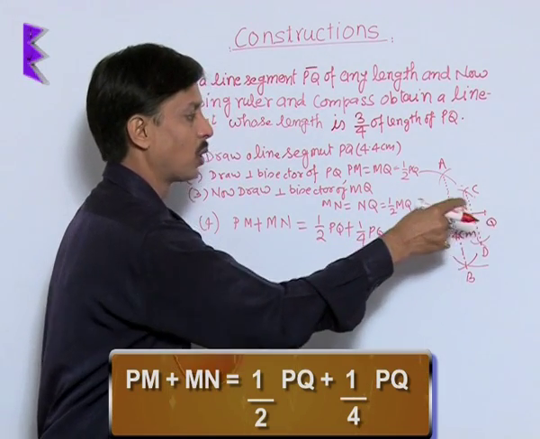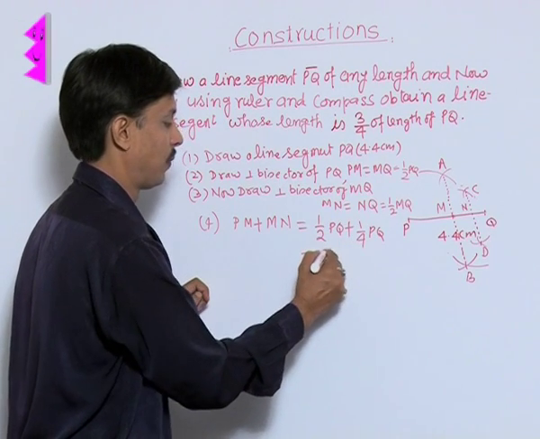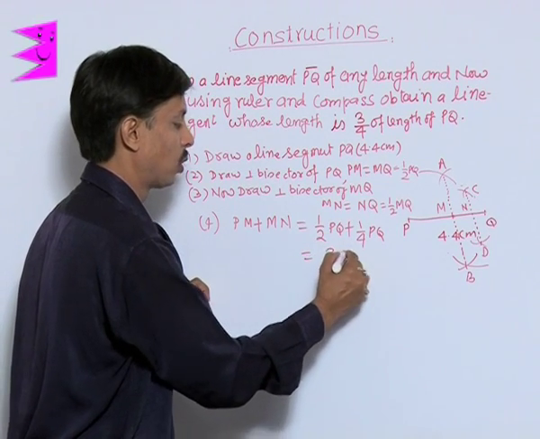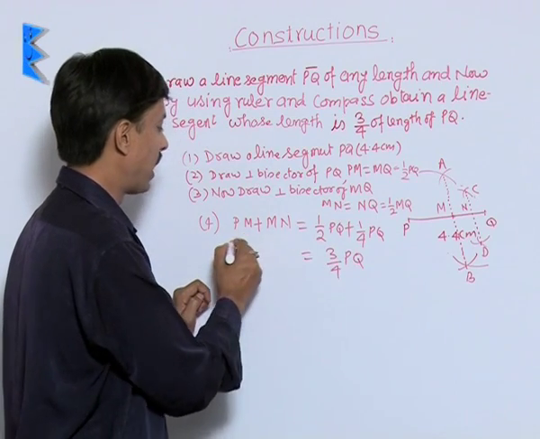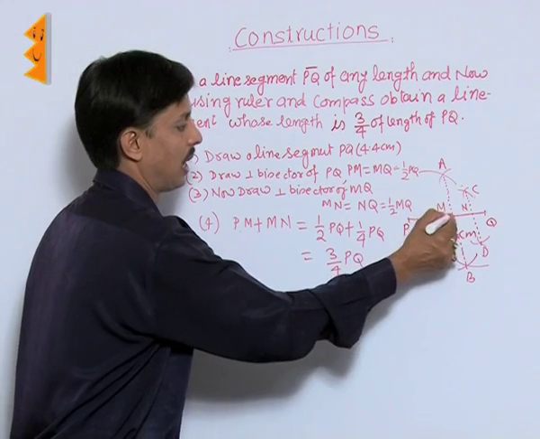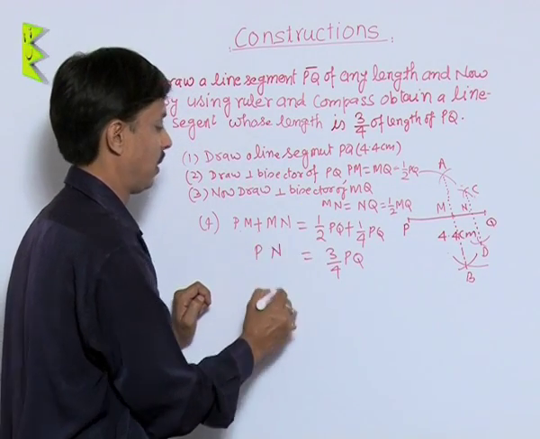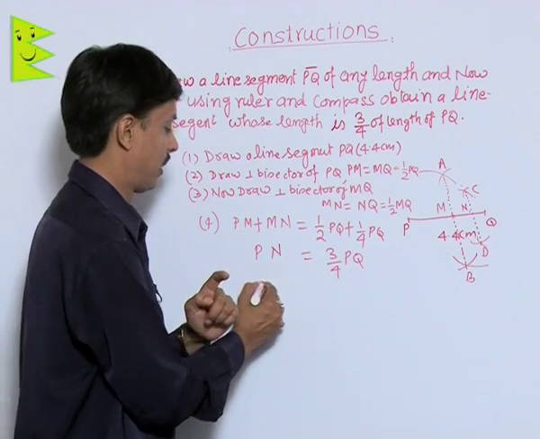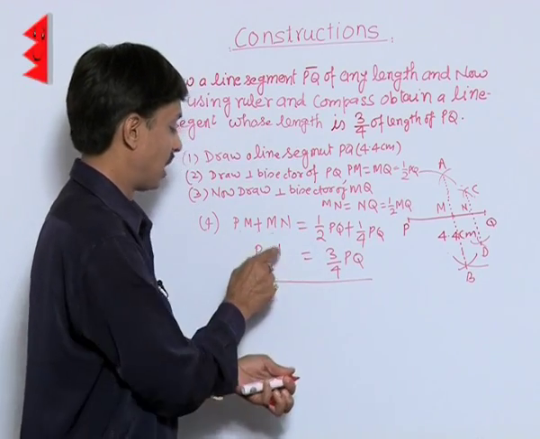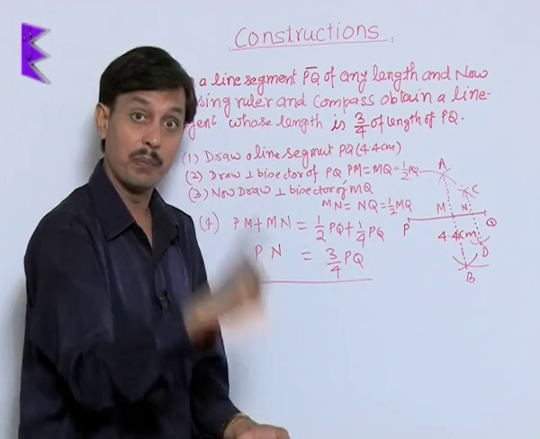So I can say this becomes half plus 1/4, that is 3/4 of PQ. So this line PM plus MN is PN. So as per requirement, I can conclude that PN is equal to 3/4 of PQ.